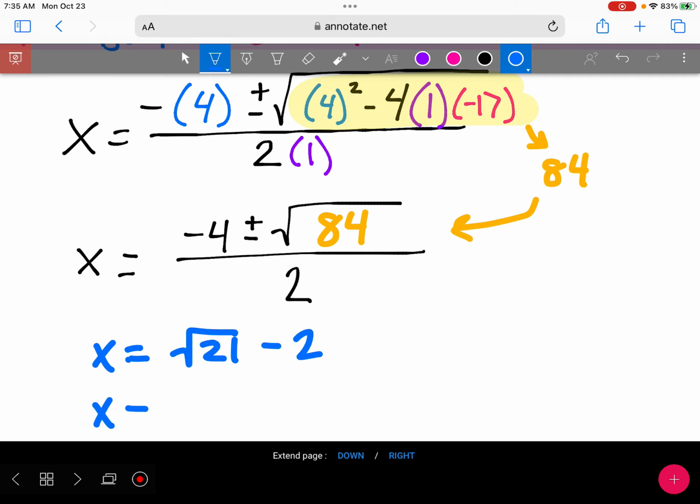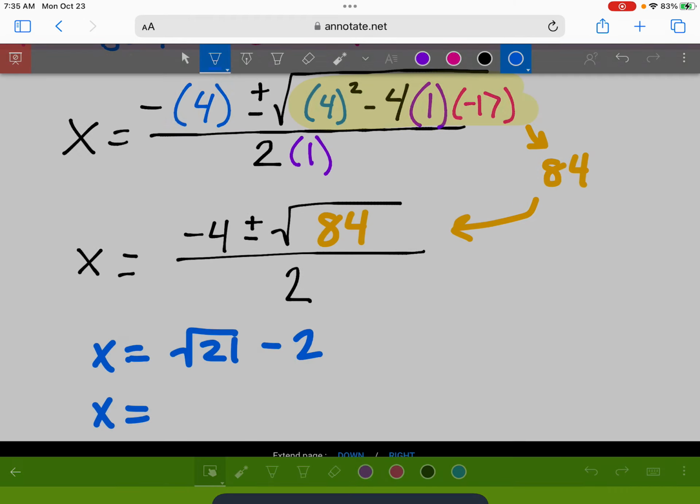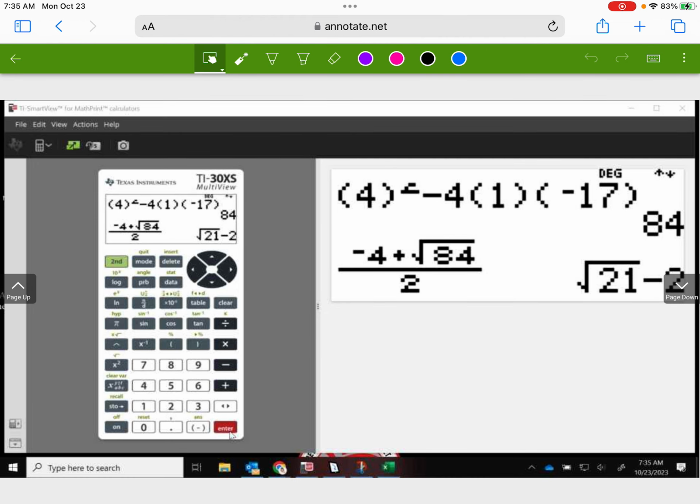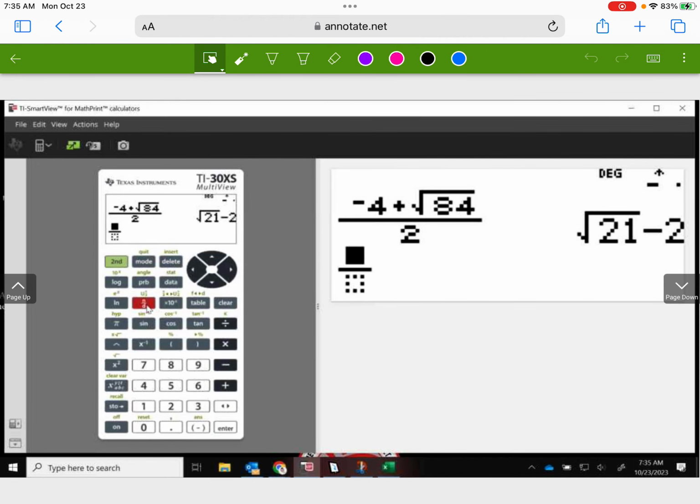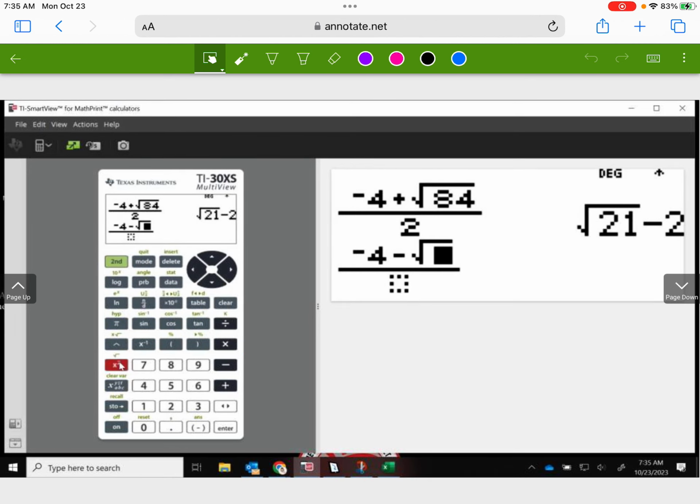We're going to do the same thing with the minus sign in our fraction. So we're going to come back into our fraction. Negative 4 minus the square root of 84 over 2.